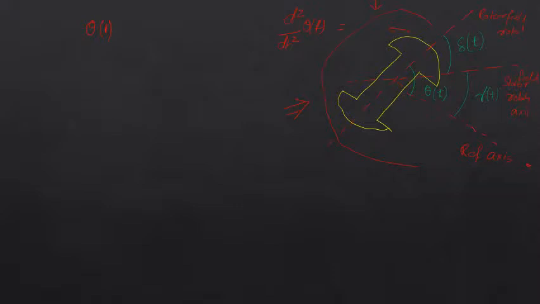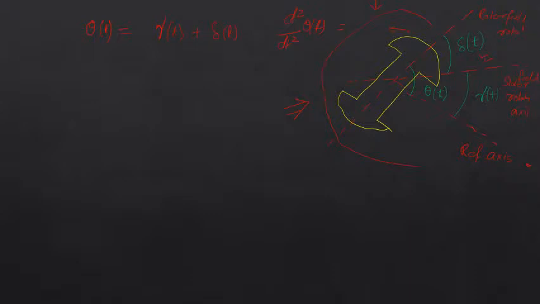Gamma t is the angle between the reference axis and the stator rotating field, and delta t is the angle between the rotor field and stator field. This is the major part. Now I can write that theta t is the sum of gamma t plus delta t.